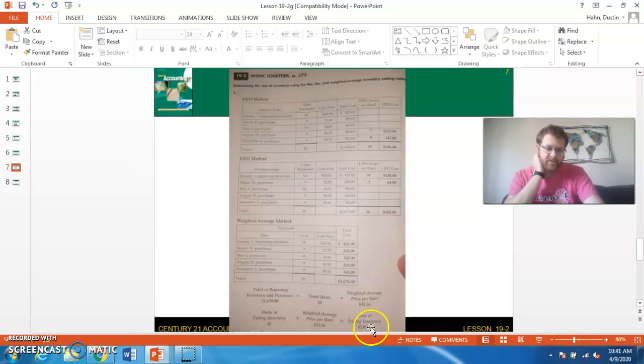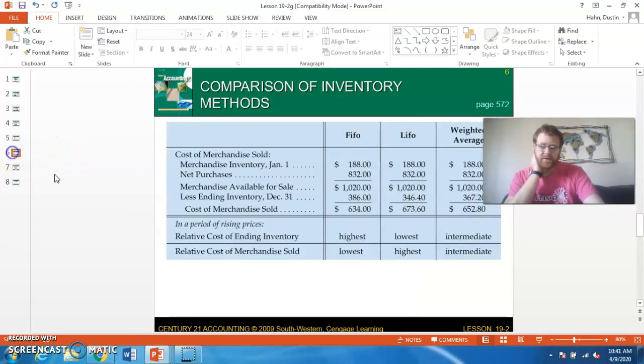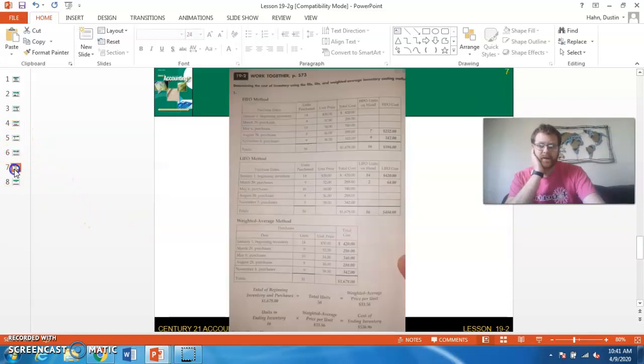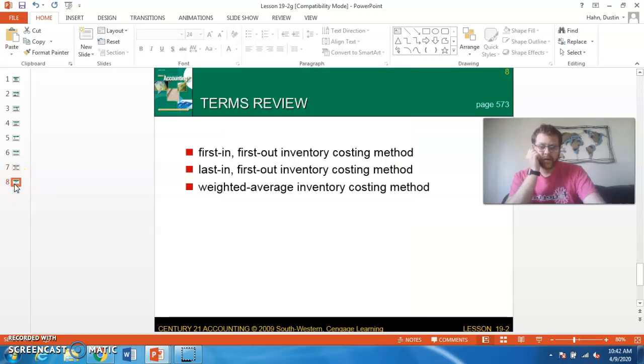And then 536 falls right in the middle. So if you look at your comparisons, FIFO is going to be your highest, LIFO is going to be your lowest, and your weighted average is going to be in between. This was exactly backing that up. Okay, that is your work together.